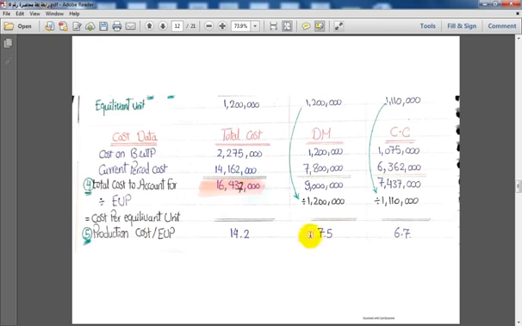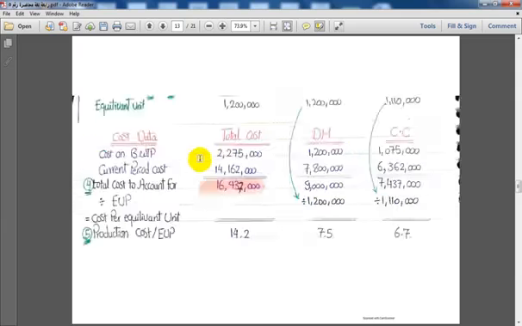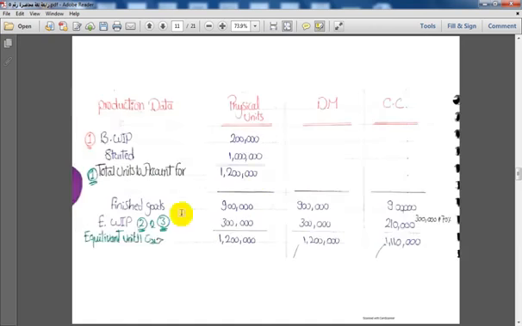Sum of them equal 14.2. Step number 6, cost assignment. Finished goods: 900,000 from direct material and 900,000 from conversion cost.